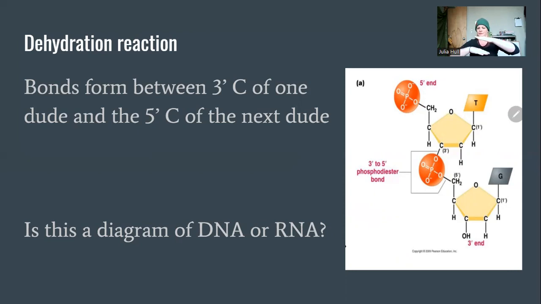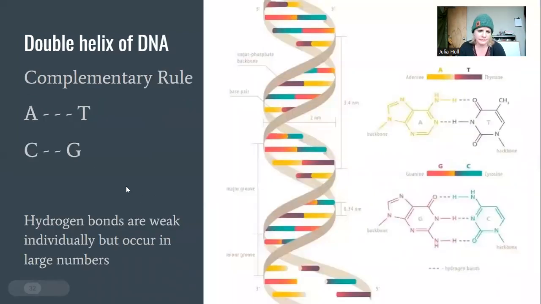You have to link them up. You got to link them up like that. And that's the same for our nucleotides, is that they have to be linked together in a specific way, and that's from 3' to 5'.